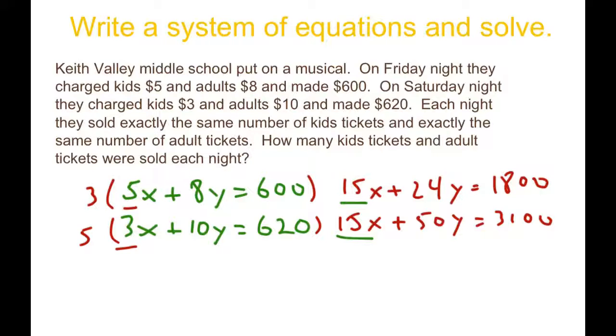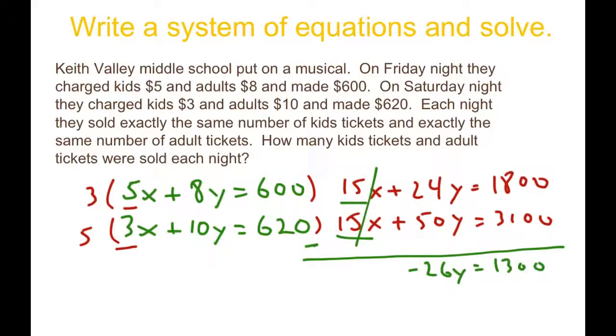They're both positive, so I'm going to have to subtract these equations. And 15x minus 15x, that cancels. 24y minus 50y is negative 26y. And then 1800 minus 3100 is negative 1300.